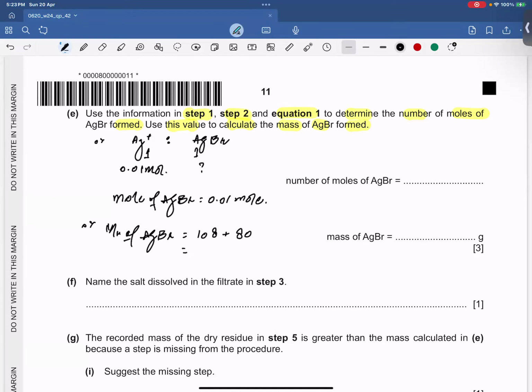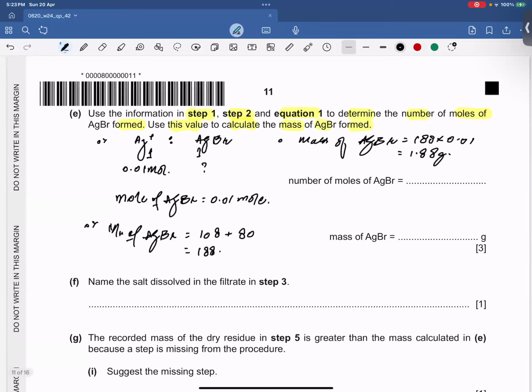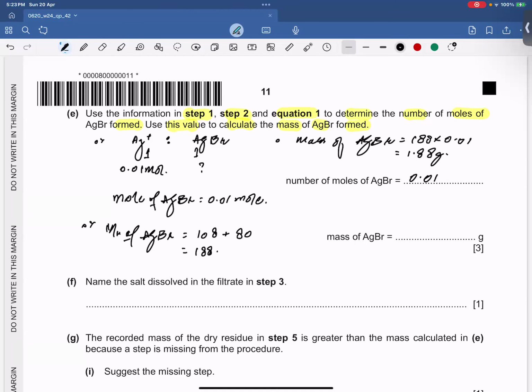Bromine is 80. 108 plus 80 is going to be 188. So to calculate the mass of AgBr, 188 needs to be multiplied with the moles, which is 0.01, so it's going to be 1.88 gram. So moles of AgBr is 0.01. Mass of AgBr is 1.88 gram.